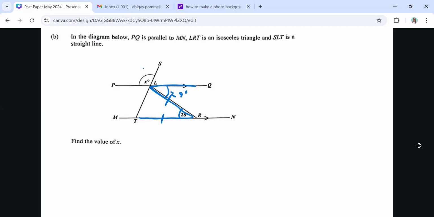And same with the parallel lines. Corresponding angles will be equal. So here, everything here from this side to that side will equal to X. Okay. And we know that this is a straight line.